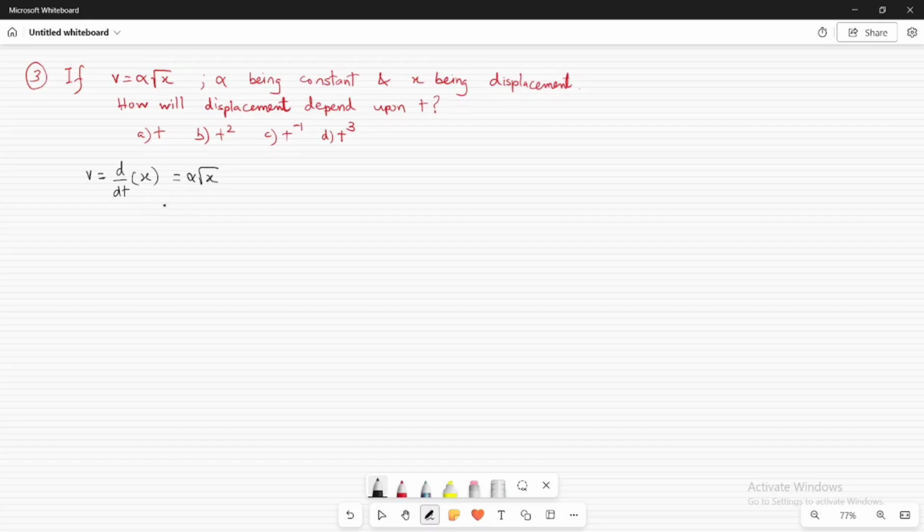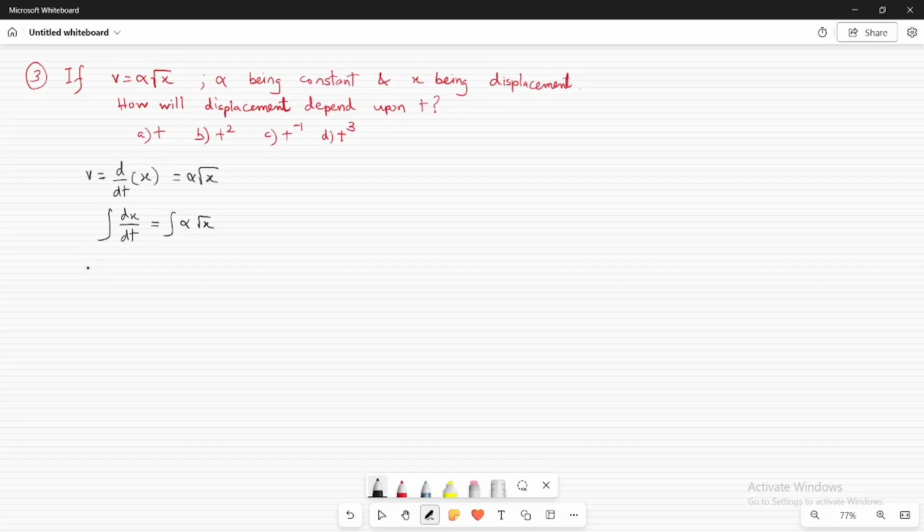Now then, how do we find the value of x? Or how do we relate x to time? Let us see. We can write dx by dt equals alpha square root of x, and integrate both sides.